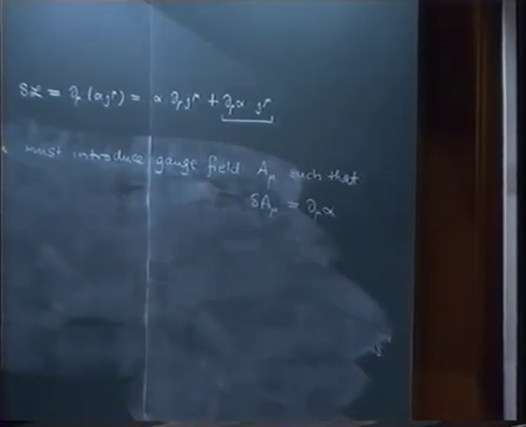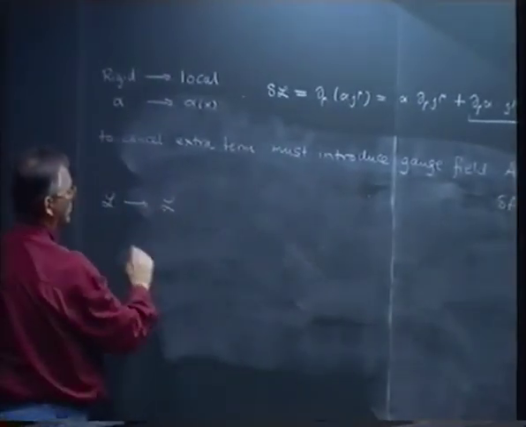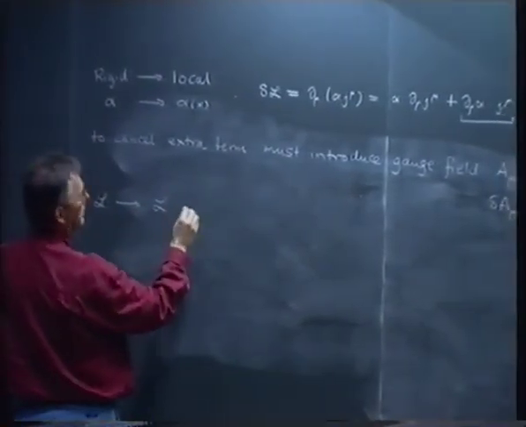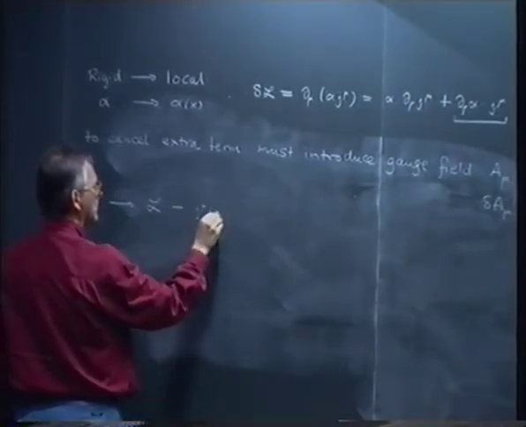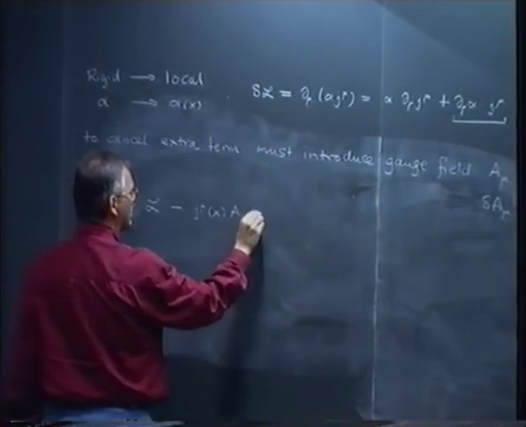And furthermore, we must add to the Lagrangian an extra term of the following type, this plus or minus j mu of x times A mu of x.